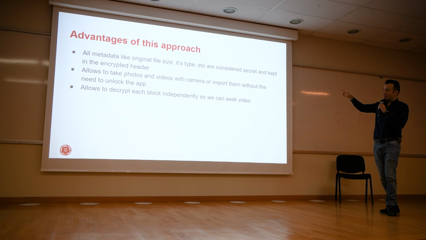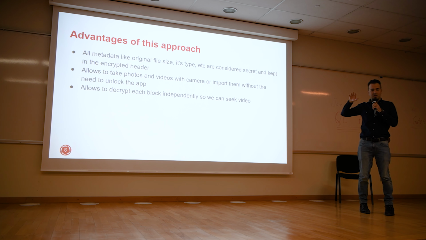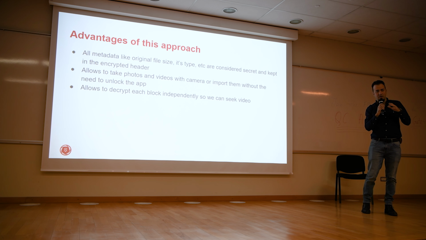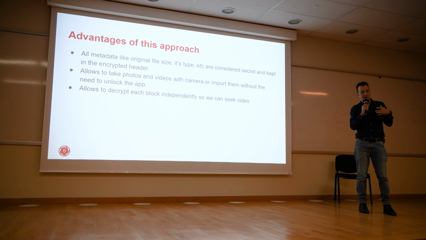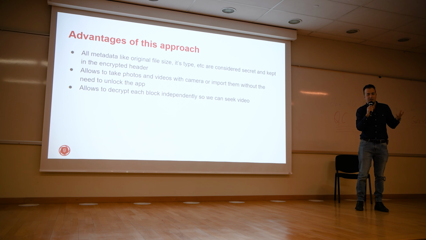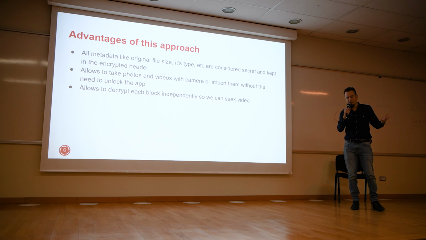Second, as you noticed, all metadata, like file size, its type, everything is considered secret too. So even from the encrypted files, we can't tell which kind of file it is. Is it a photo or video? What size did it have?